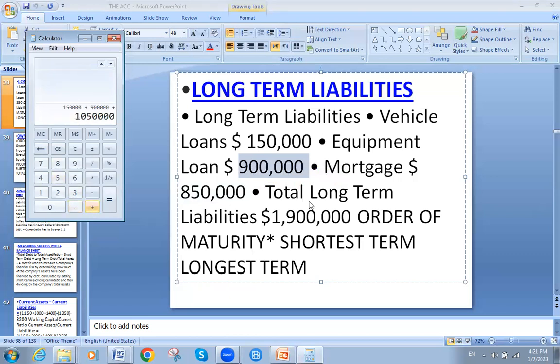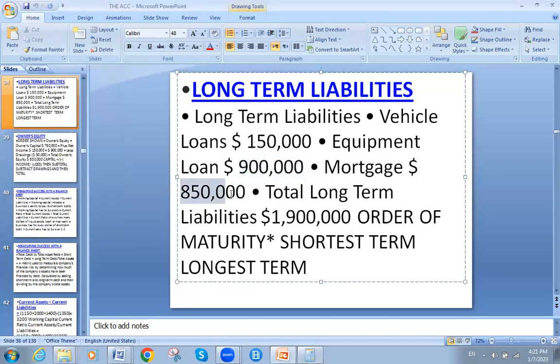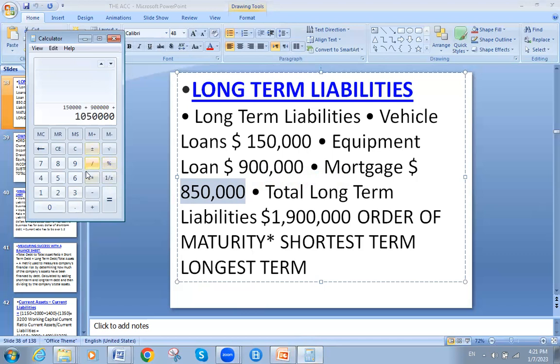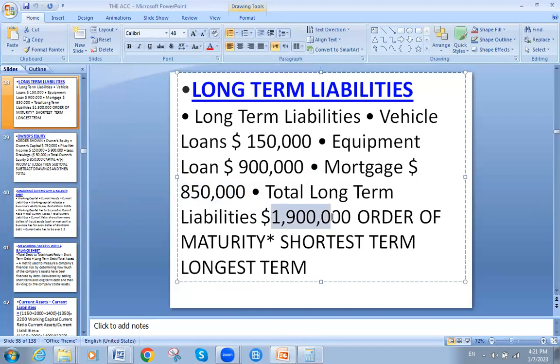Plus, we have also the mortgage of 850,000. Control and C. And then we go here and add them up, edit and paste. Here we go. So the whole amount is 1,900,000.